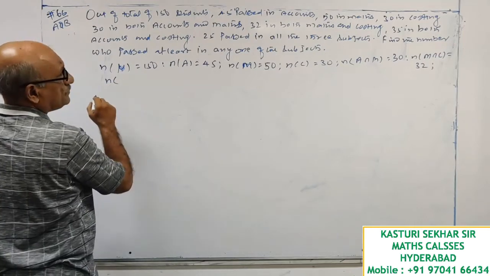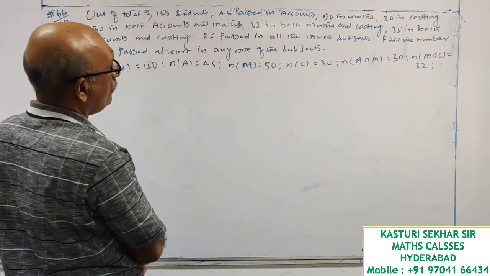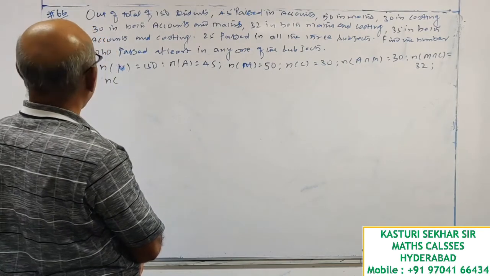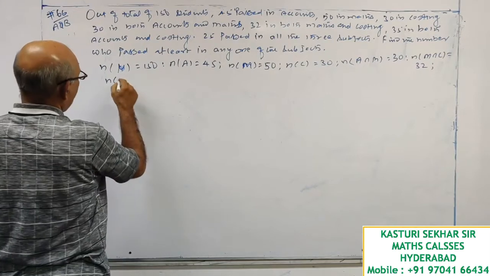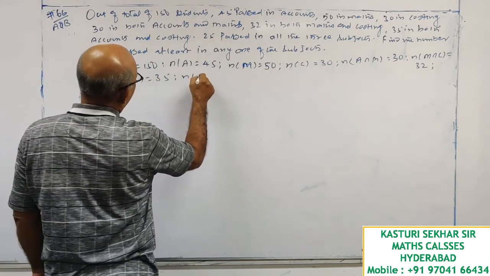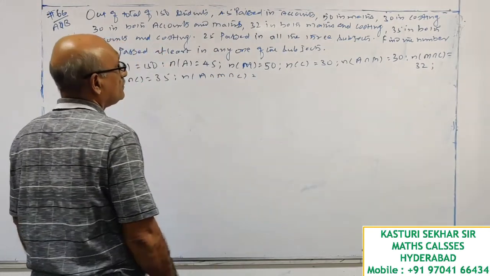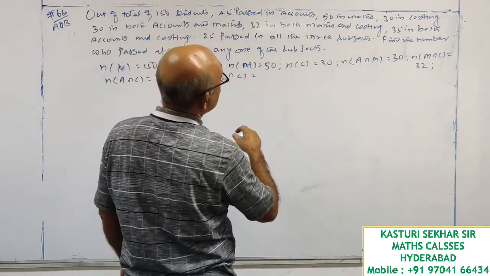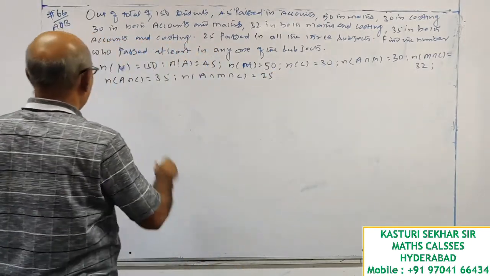Accounts intersection costing, 35. Accounts intersection maths intersection costing, 25. So what is required?